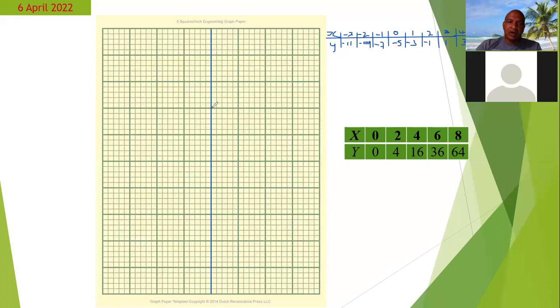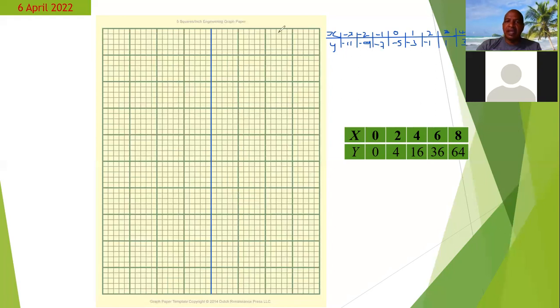If we count from here -1, -2, -3, -4, -5, -6, -7, it's not going to work. So 1 centimeter would not be enough to draw a scale down to -11.